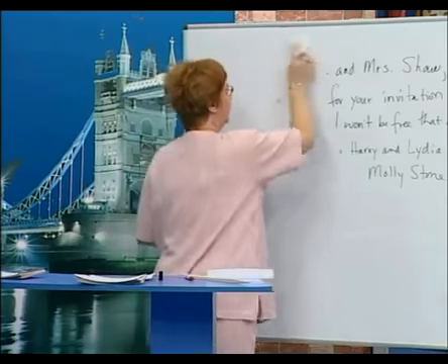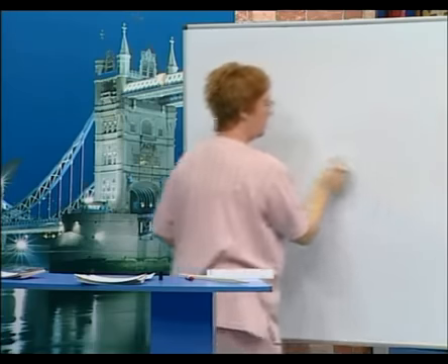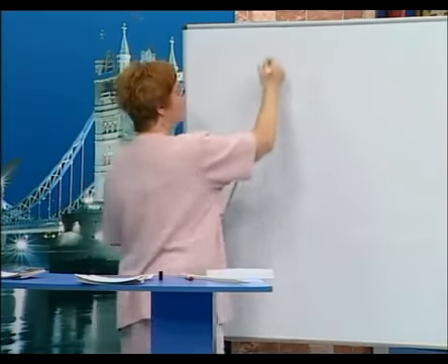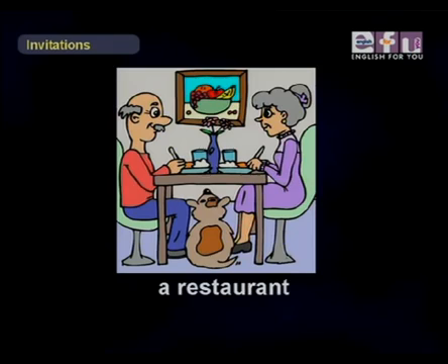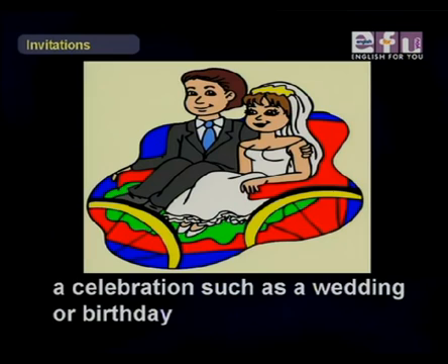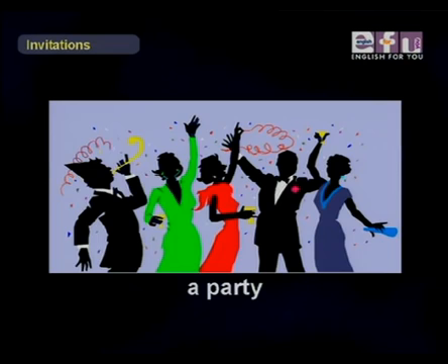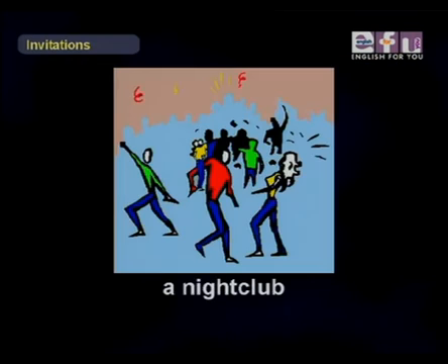Now, we're going to start with places that we invite people to. So, let me show you some of the places. For example, a movie, a restaurant, a play, a celebration such as a wedding or birthday, a party, a concert, or the opera, and maybe a nightclub.